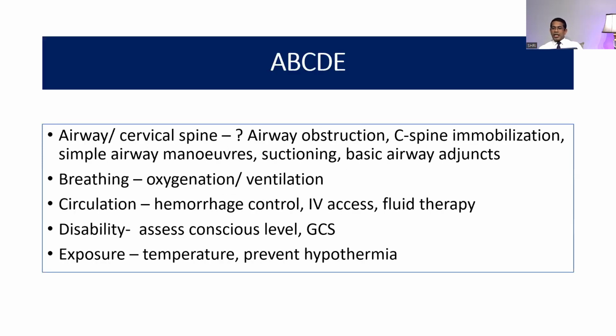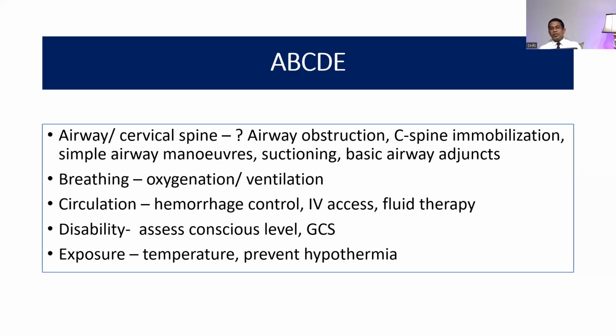This is my main slide which I'm going to talk about today, the ABCDE approach. This is the primary survey, or the ATLS approach for trauma management. In A, you consider the airway as well as the cervical spine.